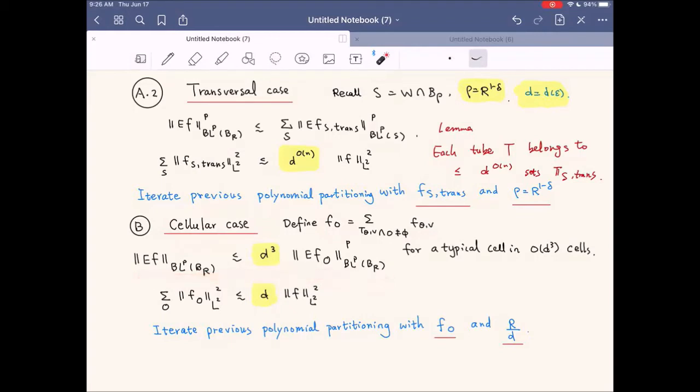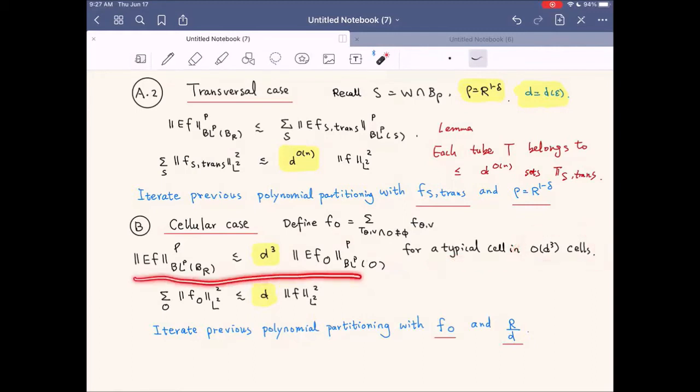So if the BLP norm of Ef is bounded, I think I missed the p here, if the BLP norm of Ef is bounded by D cubed times the BLP norm on a cell, for a typical cell in this many cells.